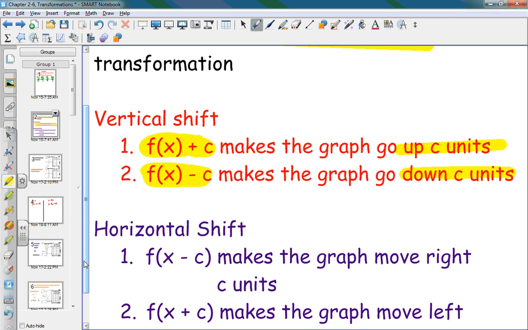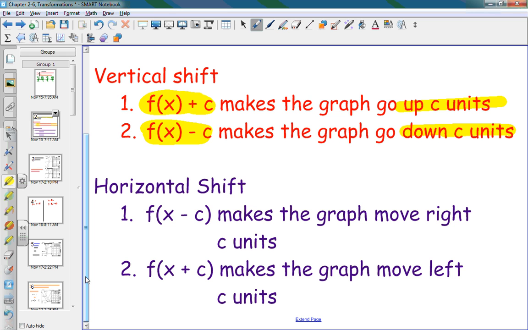A vertical is f of x plus c on the outside, and f of x minus c. The horizontal one is f of x minus c inside the parentheses, meaning you would think it would go to the left because it's minus. But that's wrong. You're actually going to the right.